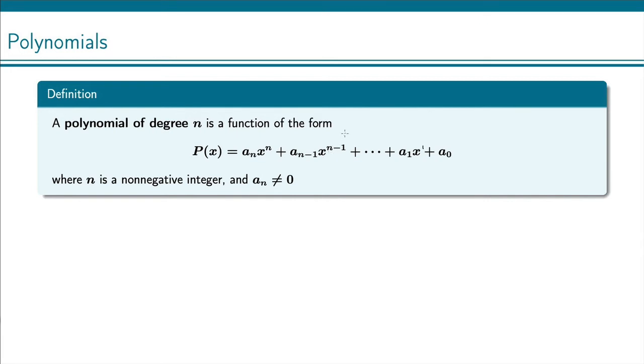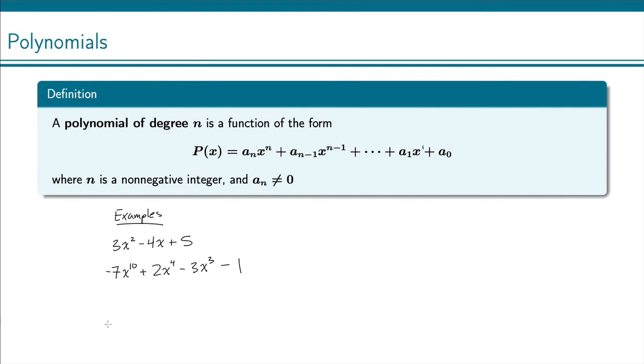So let me just write a few examples of polynomials so you can see. So these are examples of polynomials. So maybe 3x squared minus 4x plus 5, or negative 7x to the 10 plus 2x to the 4 minus 3x to the 3 minus 1.